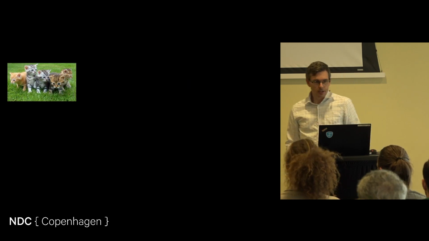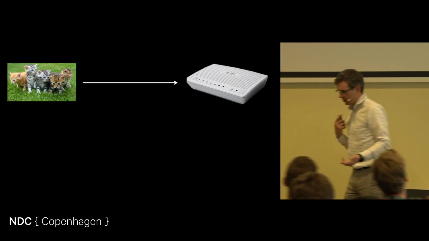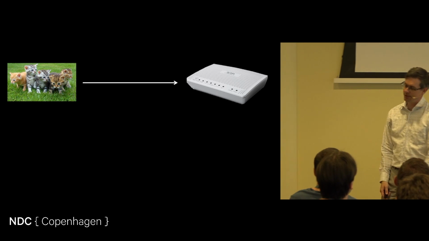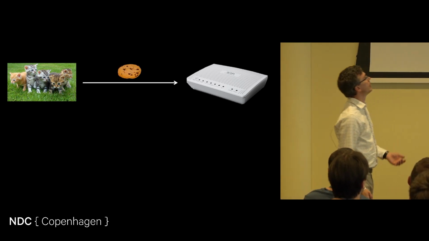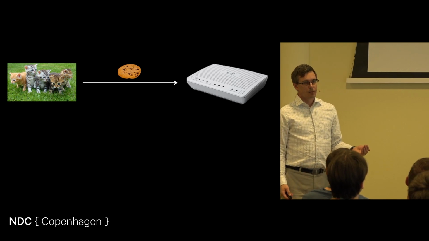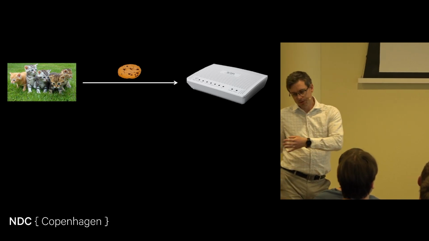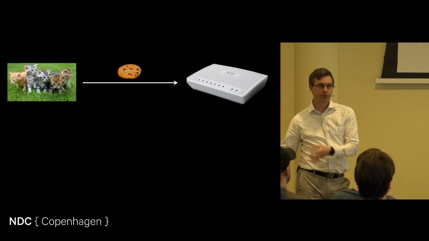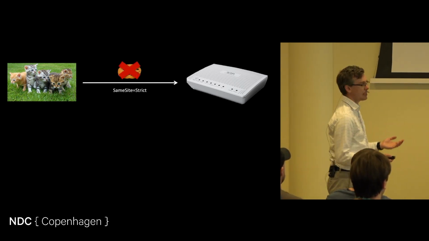Yeah. So remember the evil kittens doing the cross-site request forgery attack on my modem. That was happening because of the cookie. But before the browsers implemented these cookie limitations, they also implemented something else, SameSite mode cookies.